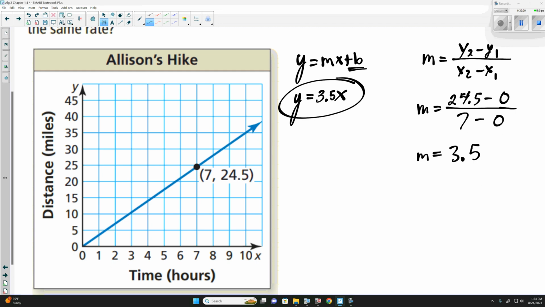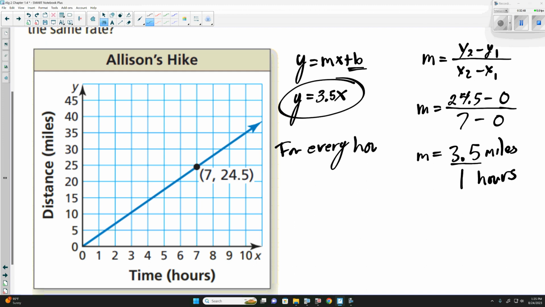So the slope is telling us she's traveling 3.5 miles per hour, because there's not a number there, it's understood to be 1. Because this is miles, this is hours, because we're interpreting the slope.